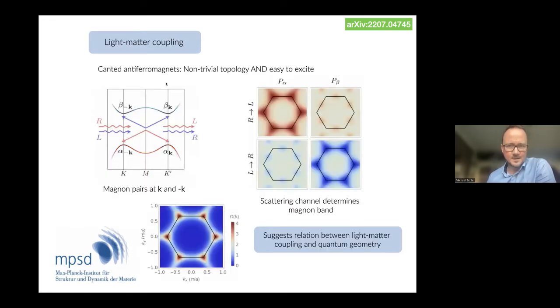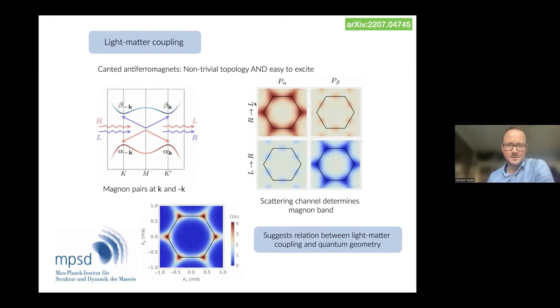So now, when you look at how the magnons actually couple to light, we did some calculations, and here is a snapshot of the band structure between the K and K prime points going through the M point. On the right-hand side is the probability for these different magnon pair creation processes in the Raman process.